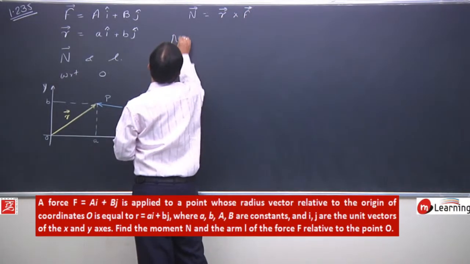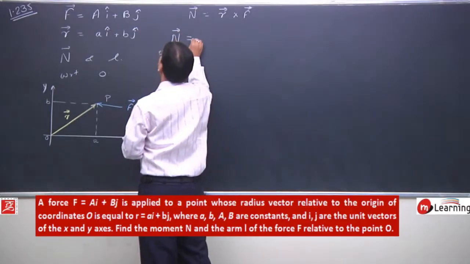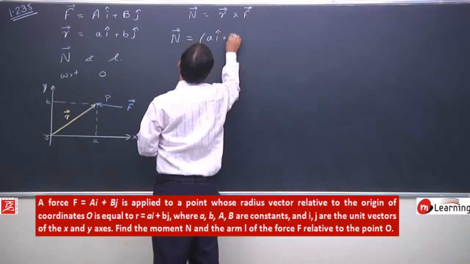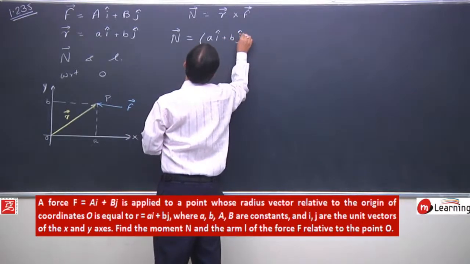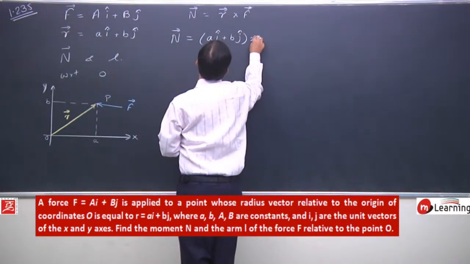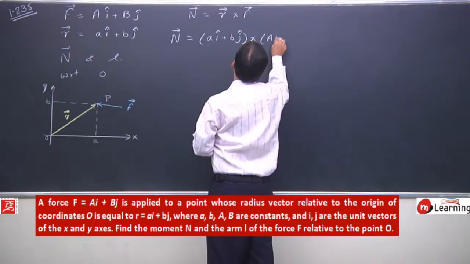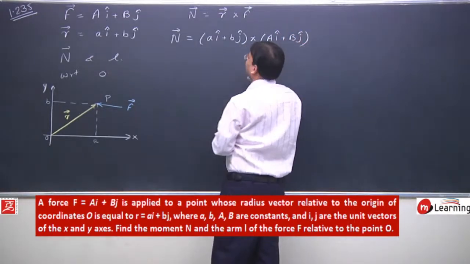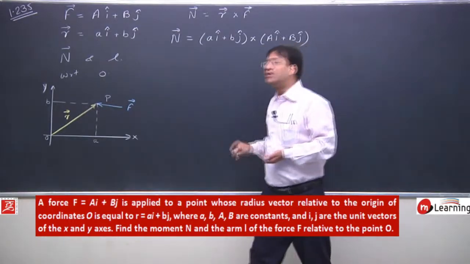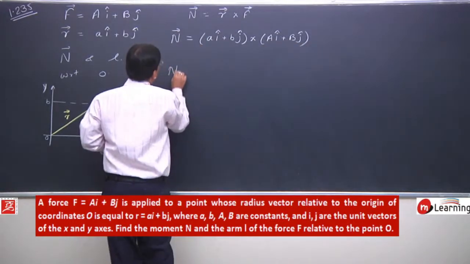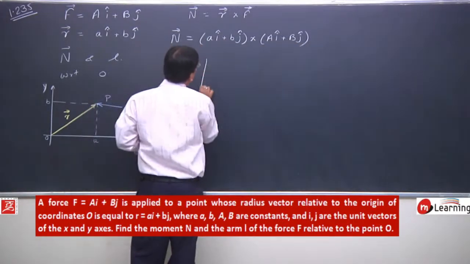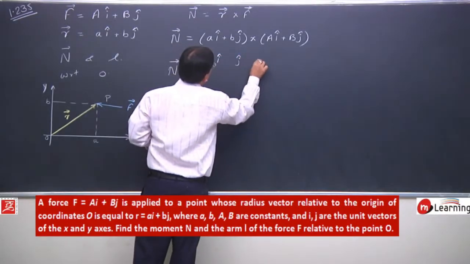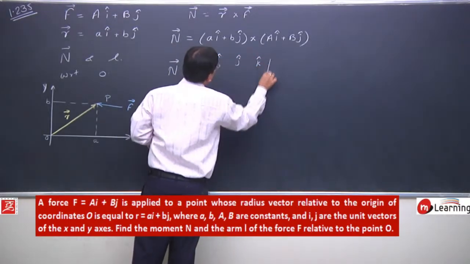This moment of force N would be defined as, for R I will write AI cap plus BJ cap cross AI cap plus BJ cap. We know how to solve this. हम इसे डिटरमिनेंट्स के फॉर्म में लिख देंगे. I cap, J cap and K cap.